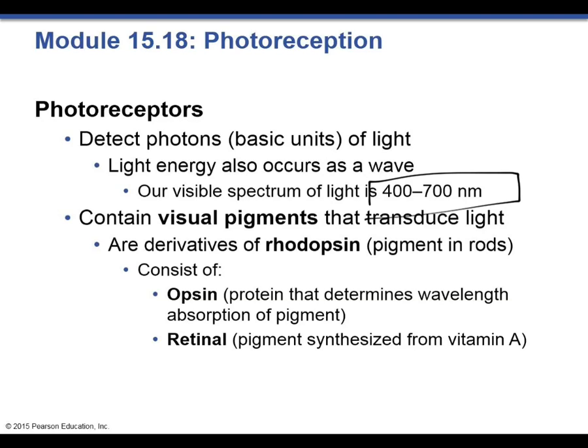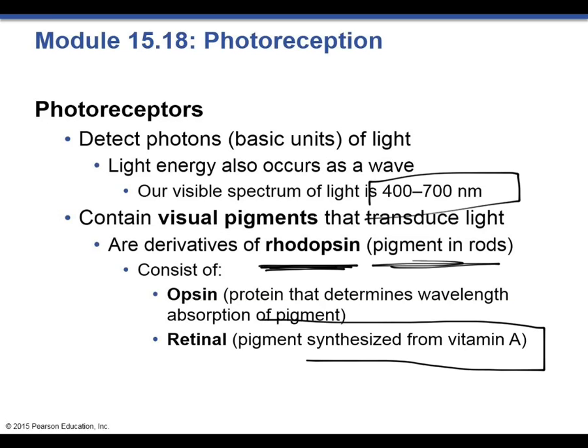Inside these receptors, there's a protein, rhodopsin. It's a pigment, okay? And we're going to see what happens to this molecule. I'm not going to get crazy about this, but you're also going to see a mention here about vitamin A. One of the parts of this rhodopsin molecule is actually synthesized from vitamin A. And we know that carrots help us do what?